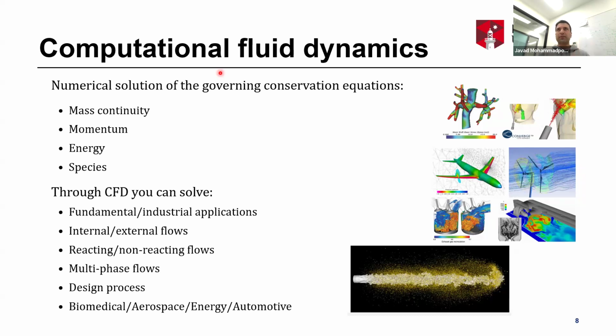When you understand the physics of your problem, you can select what the governing equations are. Definitely, as an expert, you can select the governing equations of your problem based on your physics.